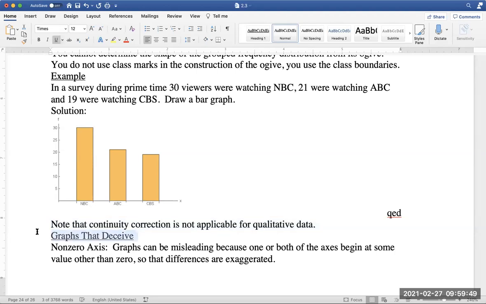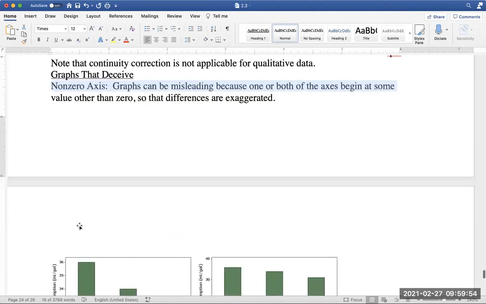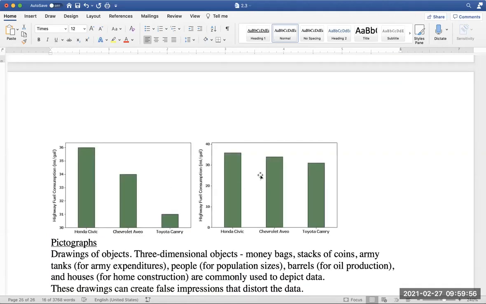Graphs that deceive. A non-zero axis. Suppose I look at the following two histograms here, bar charts. And so I have the following two bar charts. By the way, you notice I occasionally do this: there's this unfortunate fact that in statistics, even though histograms are separate from bar charts, a lot of times we call them the same thing.